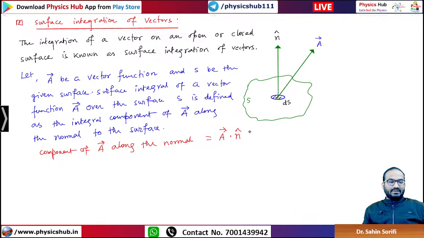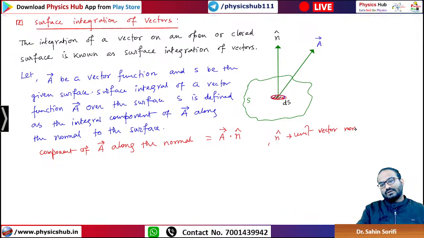So A dot n cap. What is n cap? N cap is the unit vector on this infinitesimal area ds. ds is some infinitesimal area. So n cap is nothing but the unit vector normal to ds. Okay.